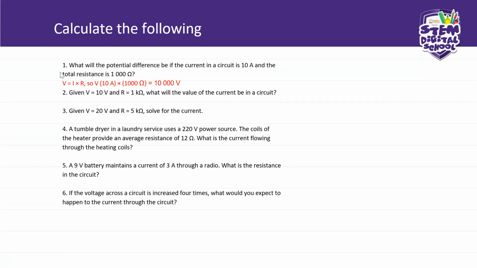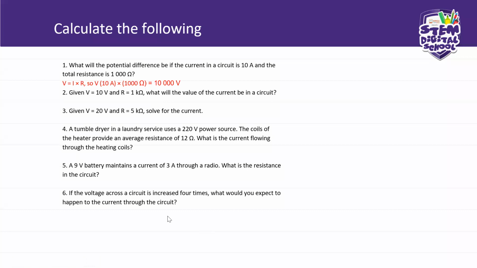Right, given voltage is equal to 10 V and resistance 1 kilo ohm, what will the value of the current be in a circuit? Current.